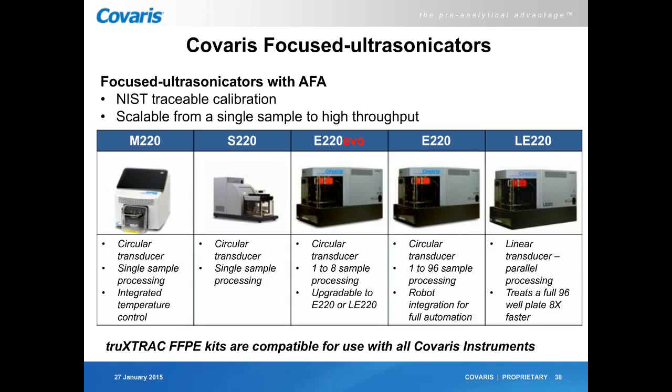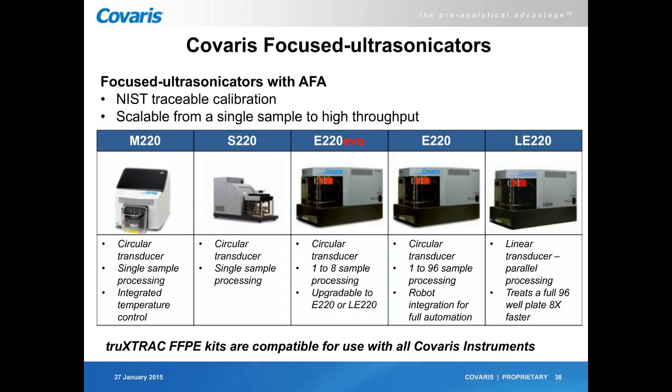Just going quickly through the product range, for single sample processing, we have the M220, a small benchtop instrument, or the S220. Then we have the E220 EVO that can process 1 8-strip at a time. And then for higher throughput or larger batches, we have the E220 that will process up to 96 samples, but 1 sample at a time.